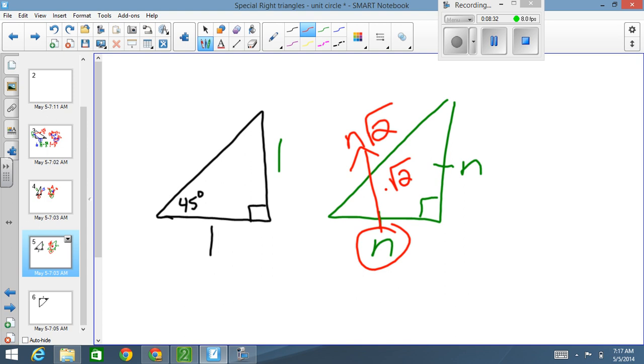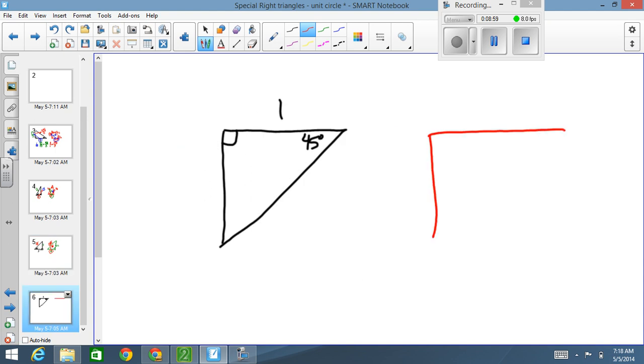So to get from 1 over to here, this is just 1 radical 2, which is just radical 2. Done. And considering I'm going to stay in exact form, I think it's important that we don't go to SOHCAHTOA, because SOHCAHTOA is going to give us decimals, and I don't want decimals.